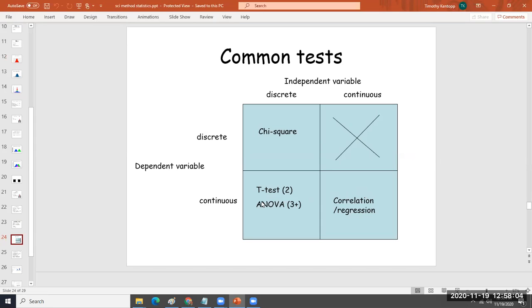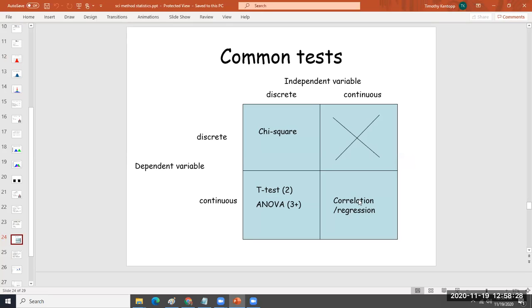The thing that I want you to understand is that when you have continuous measurement and continuous measurement, when the kind of data you're collecting is continuous in nature, it's not discrete and broken into categories, then you're dealing with a regression analysis.